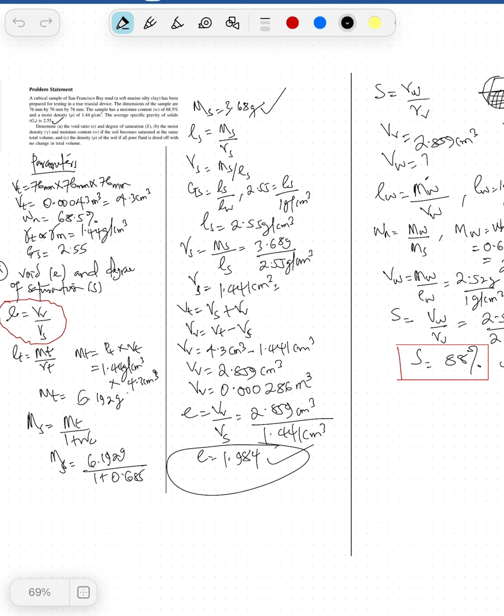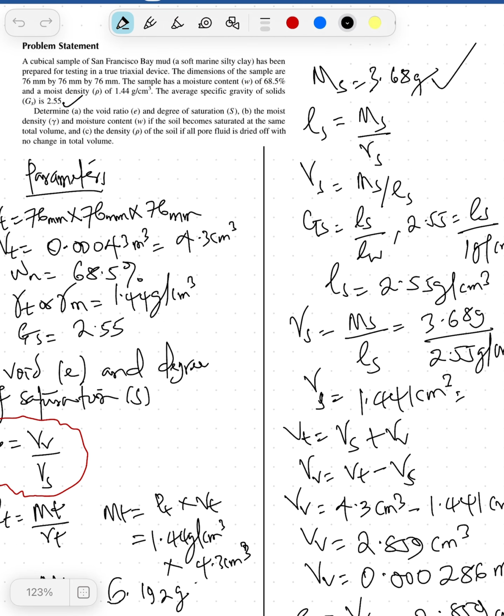So the question is moist density. Yeah, that is the question.